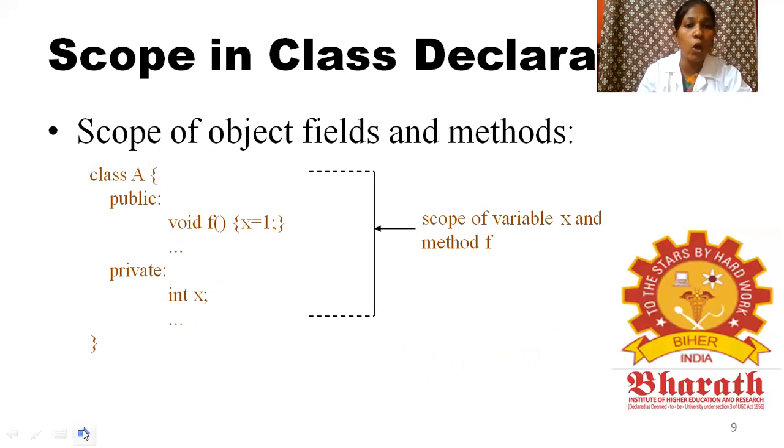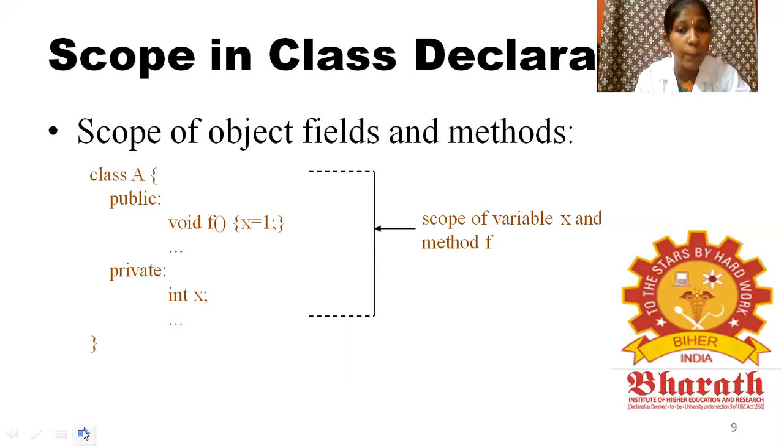Next, scope of object fields and methods, that is, in a class declaration. There is a class A with an open curly brace. We declare some variables as public and some as private in C++. Here they have declared X as the variable and F as your method or function.